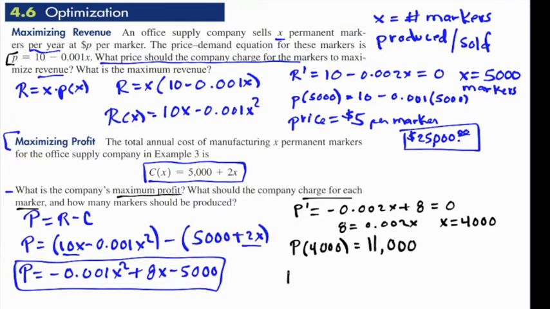The price, that's little p, we need to take 10 minus 0.001 times x, which is 4,000. That will give us a price of $6 per marker.